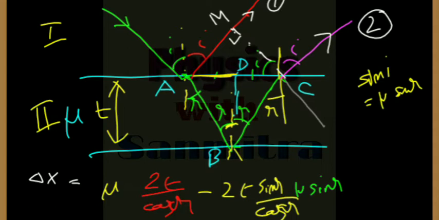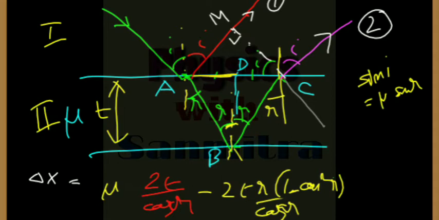We can replace this sin r into sin r. Let me write it 2T mu sin square r, and I can write it as 1 minus cos square r.